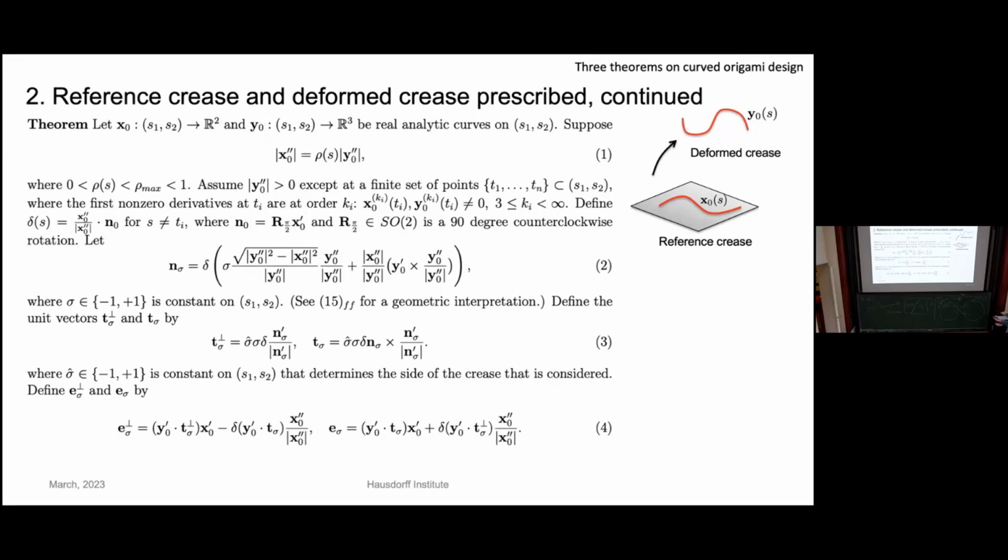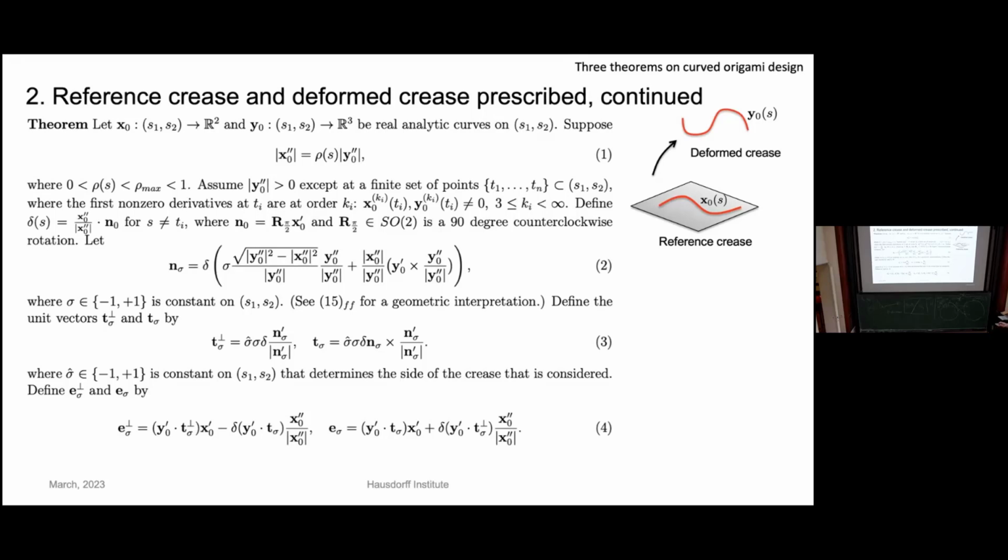So the creases have to shorten distances. So this is a shortening condition on the creases. And we suppose there's no inflection points except at a finite number of points. So these are quite strong assumptions, but I mean, it still gives us a lot of things to use.